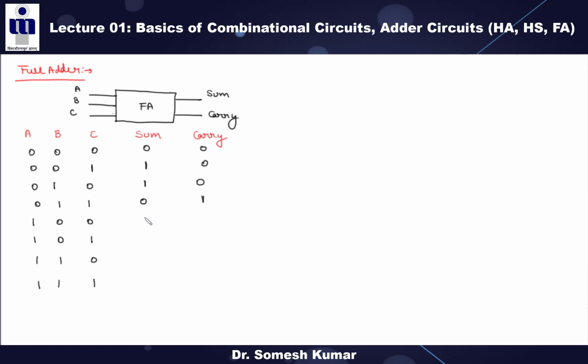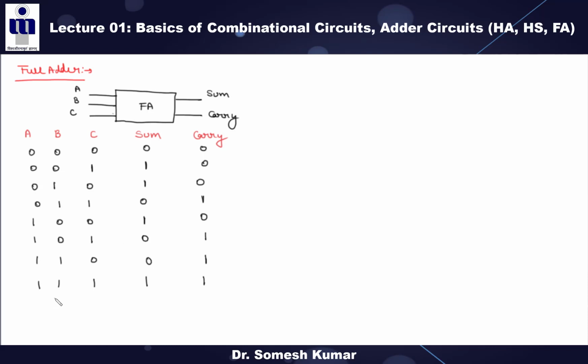In this case, sum is 1, carry is 0. In this case, sum is 0, carry is 1. In this case, sum is 0, carry is 1. In this case, sum is 1, carry is 1. This is the truth table of the full adder.